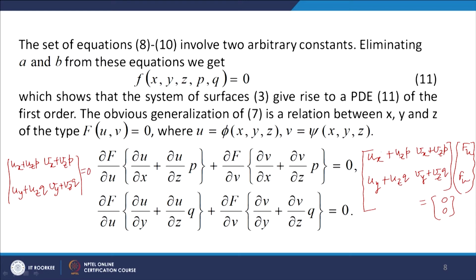So, for a non-trivial solution of this matrix equation, we must have the determinant of the coefficient matrix equal to 0. Then when you evaluate the determinant, what do you get?